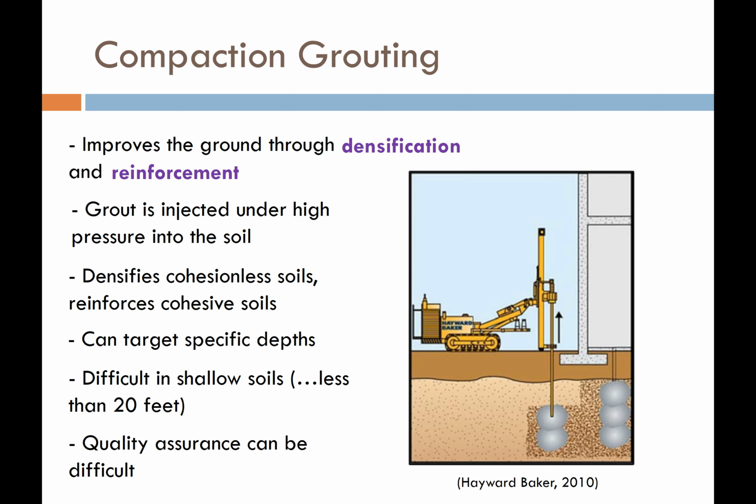In addition to that, we can get this into some pretty tight places, like they show this column beneath this building. You can get these devices into the basements of existing buildings and improve the ground beneath existing buildings, or you can go in at an angle and do bulbs on an angle, beneath footings or those kinds of things.